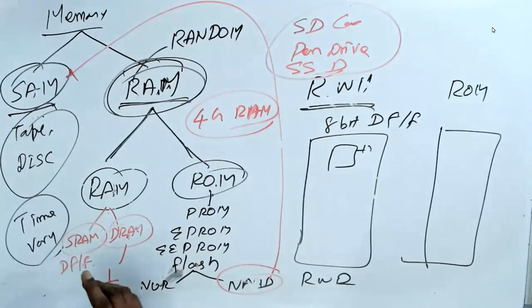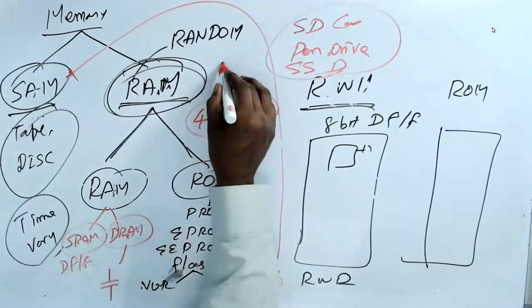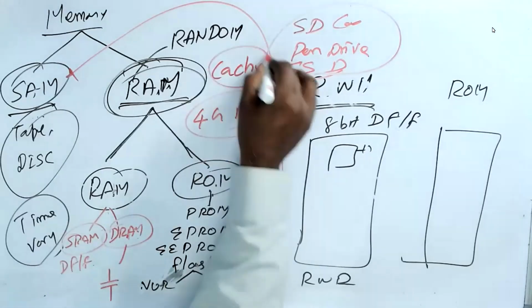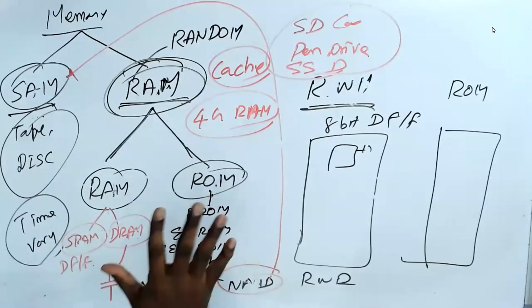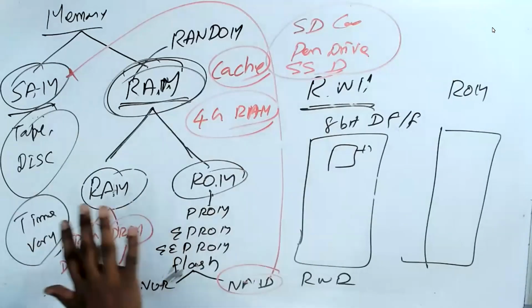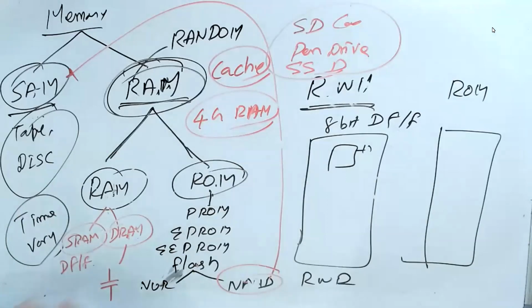We use SRAM only as cache memory. We will explain all these things later. I'm giving you the idea of what is what. As a beginner engineer, you should know all these things, but we will explain them in depth once you have done embedded system programming thoroughly. Finish the beginner level thoroughly, and I'll explain all these things to you.